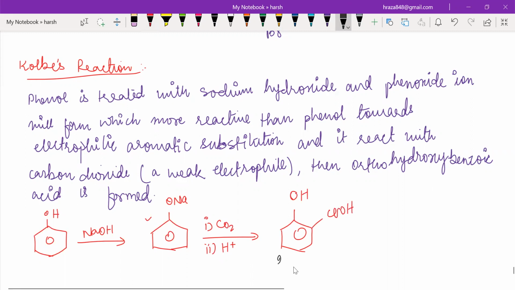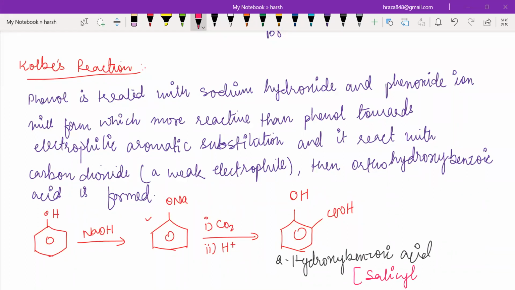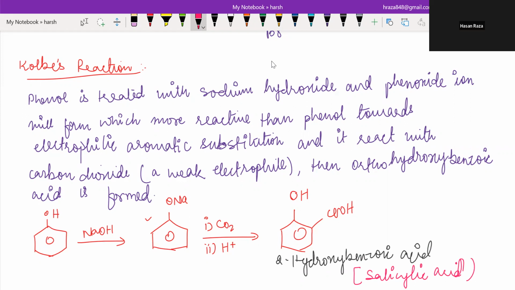This compound is called 2-hydroxybenzoic acid, or its common name, which is very important to remember, is salicylic acid.